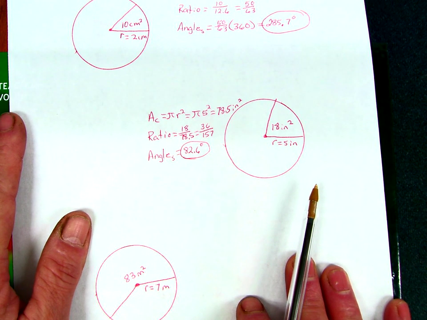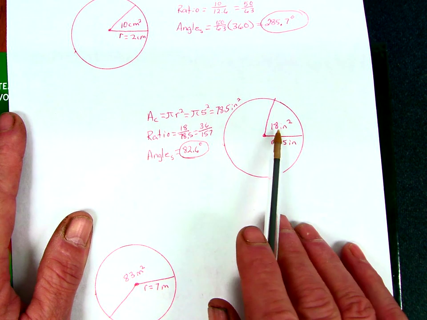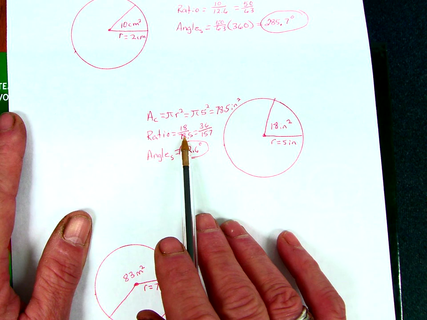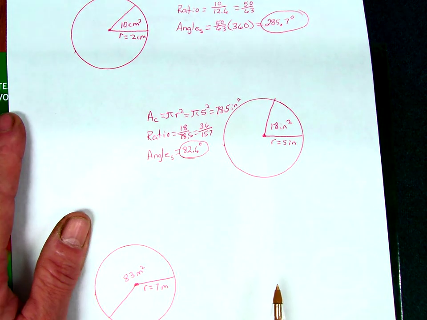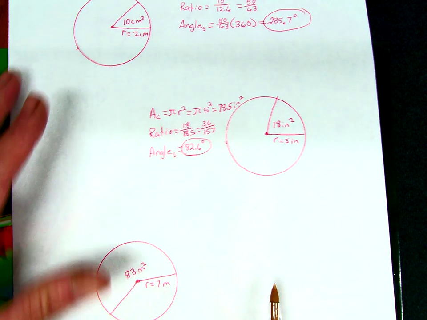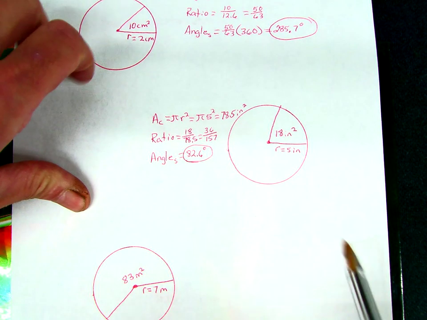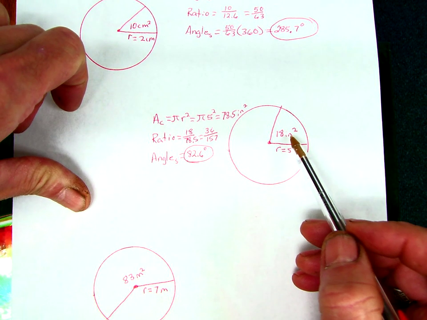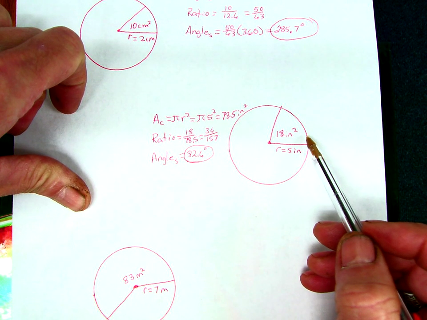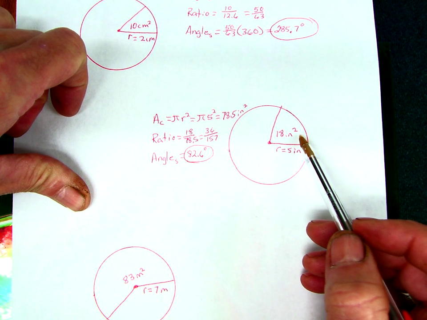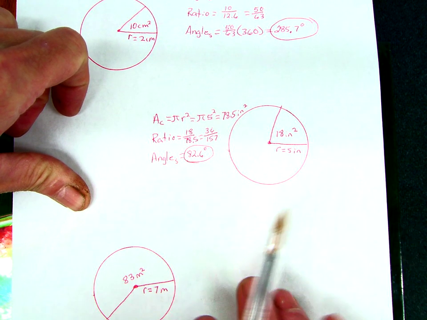So what we are doing in essence is we're taking the area, it's being divided by the area of the entire circle, times 360.